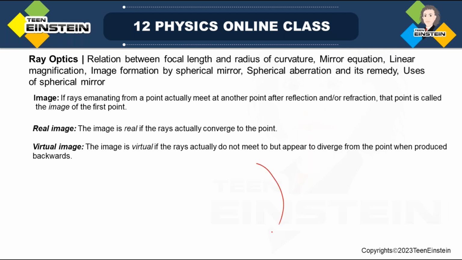If I say I have an object, suppose this is C, this is F. So in between somewhere here, if I take a parallel ray, you know that will go through the focus.